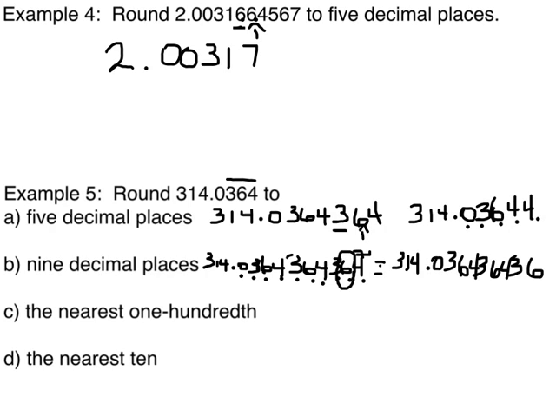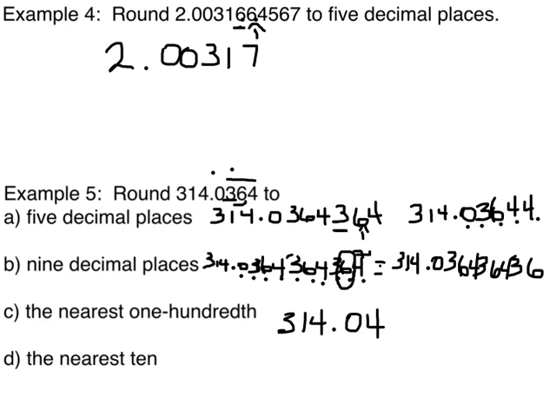All right, C says to the nearest 100th. What is in the 100th place? We have tenths, hundredths. Okay, so the 3 would be the one that we would round. And we look to the 6 to see what to do. So that 3 is going to become a 4, isn't it? So we have 314.04.